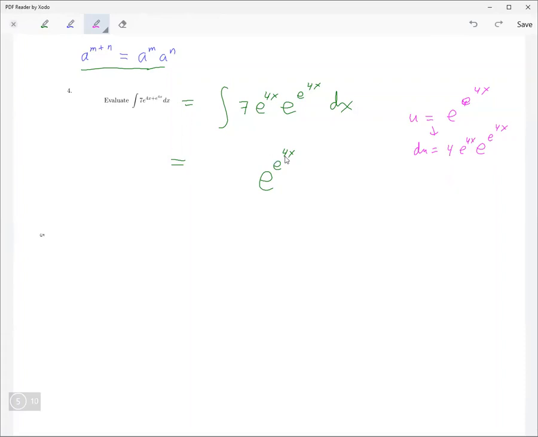So in other words, the derivative of this would give us this piece and give us this. It would also give us a 4, but we don't want a 4, so just divide that by 4, and we're done. The 4 there will be a 4 there, but that gets canceled out with this 4 in the denominator.